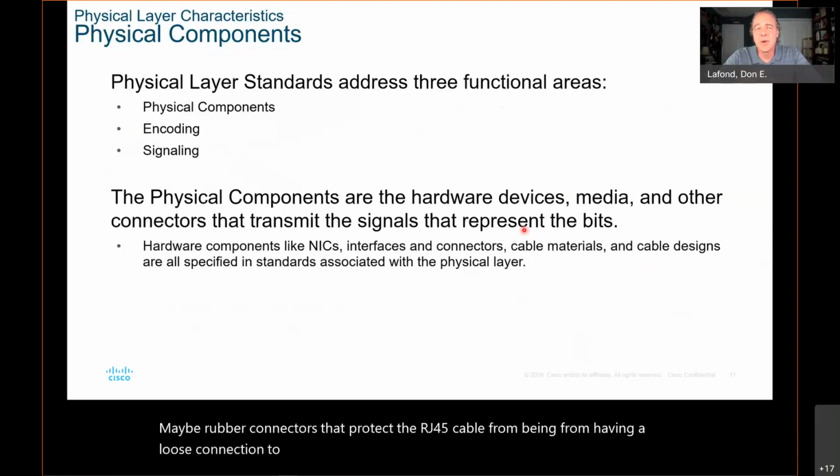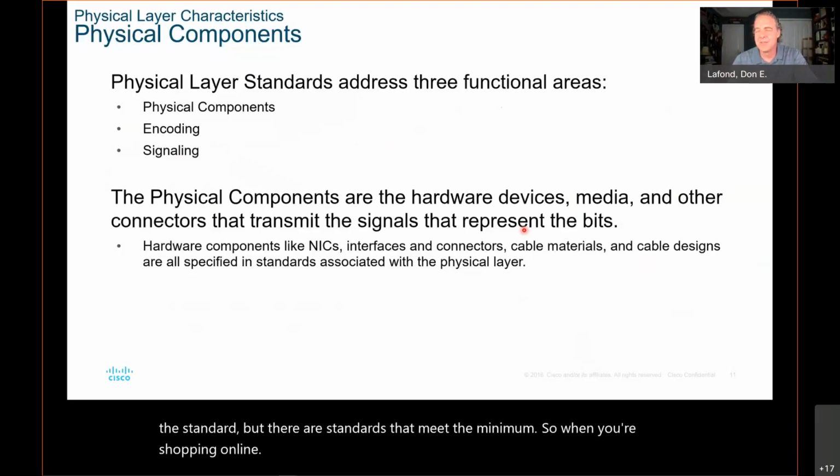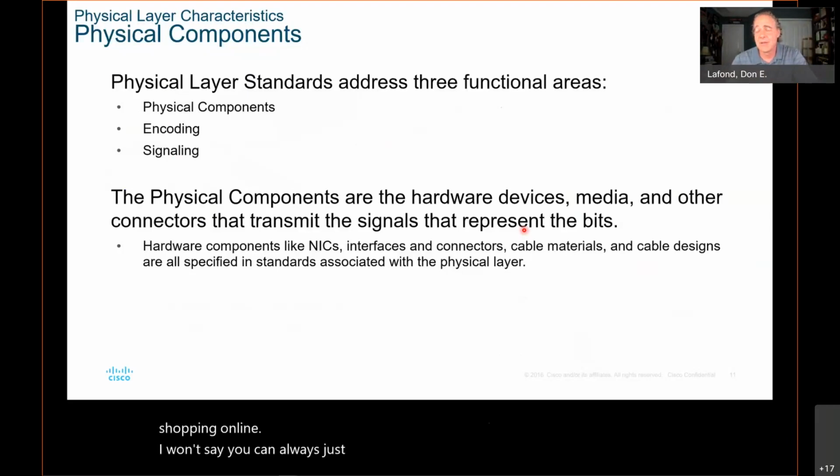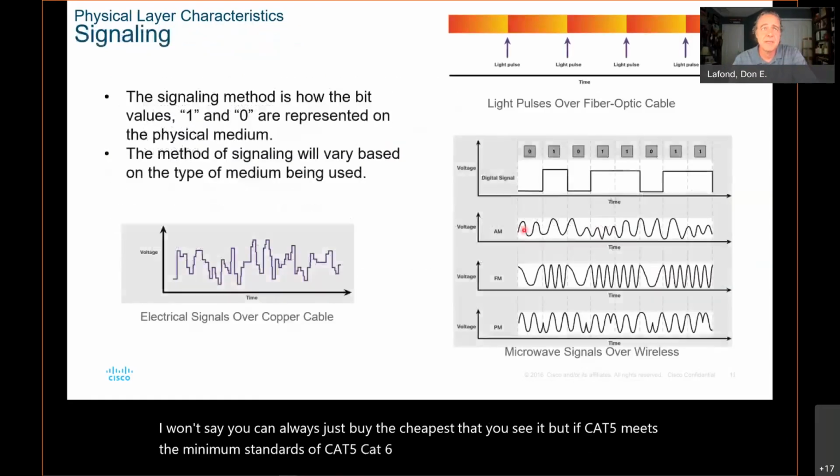But anyway, you can always go higher than the standard, but there are standards that meet the minimum. So when you're shopping online, I won't say you can always just buy the cheapest that you see, but if Cat5 meets the minimum standards of Cat5, Cat6, Cat7, etc.